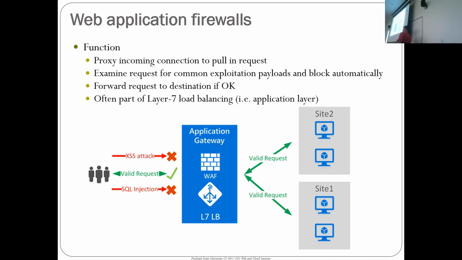So if you have a site like google.com, whose name is proxied for a whole bunch of back-end real machines, you'll often have this L7 load balancer that will not only proxy the request, but figure out which back-end server is best available to serve that request. So it's often integrated into one product on a cloud service.